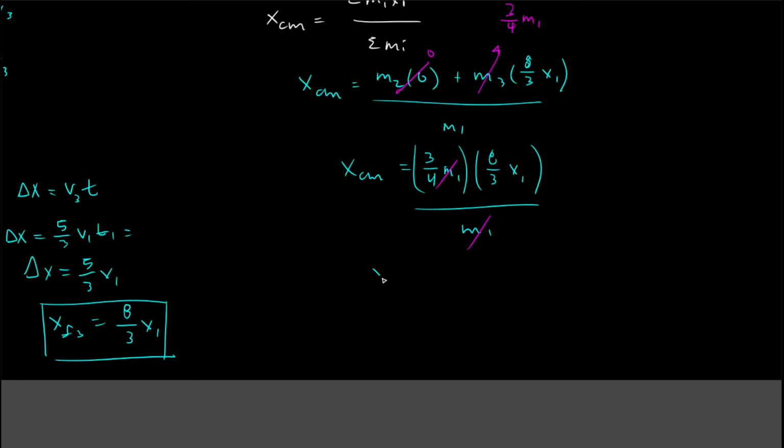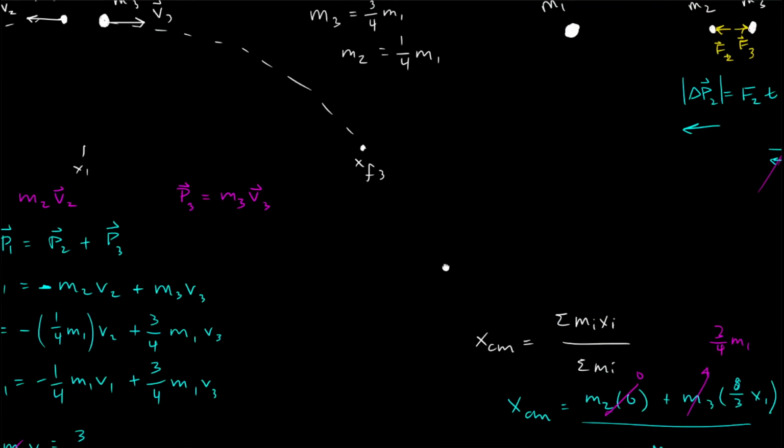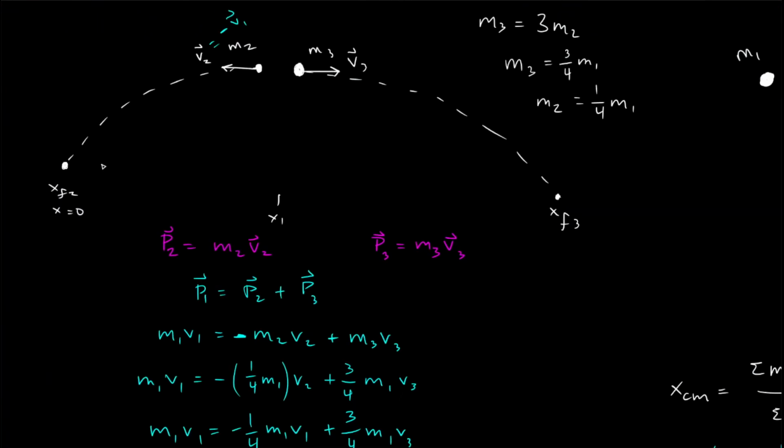Then we get x center of mass equals 24 over 12 xi, or 2 xi, which turns out to be this position.